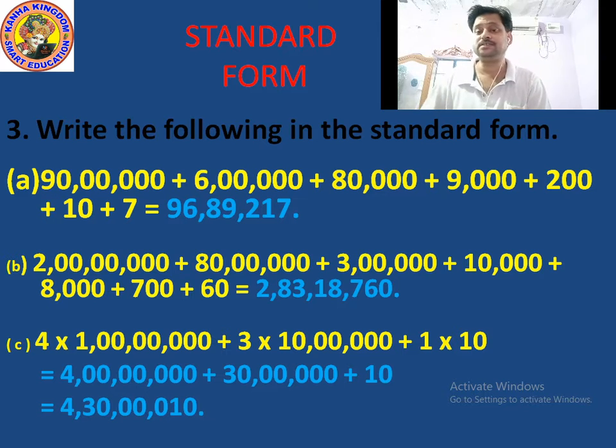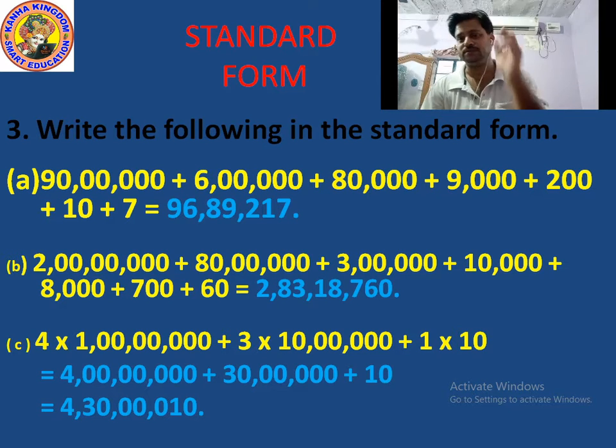Now the next number is plus 8,000. So here also only 1 comma. After 1 comma how many digits? Single digit. And if a number has a single digit, it means 2 periods, and the second period is the 1000 period, so 8,000. That means 2 crores 83 lakhs 18,000.